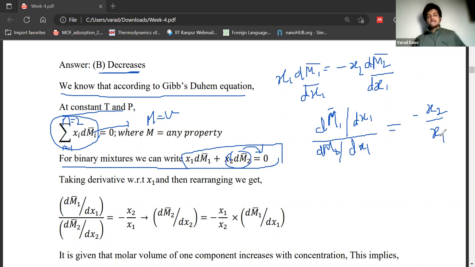So it should be x1. Right? So this is the expression.